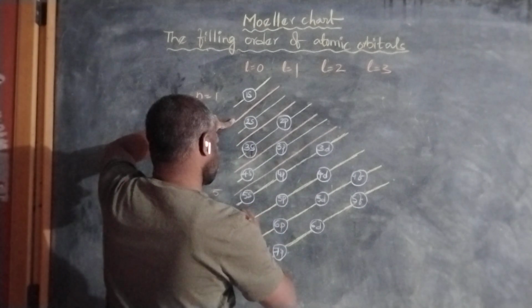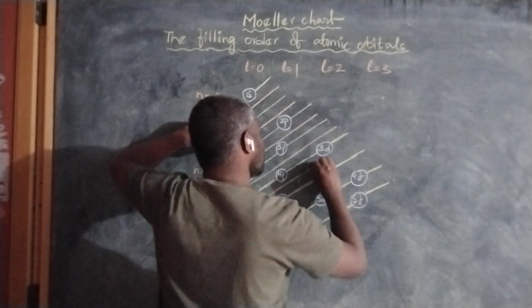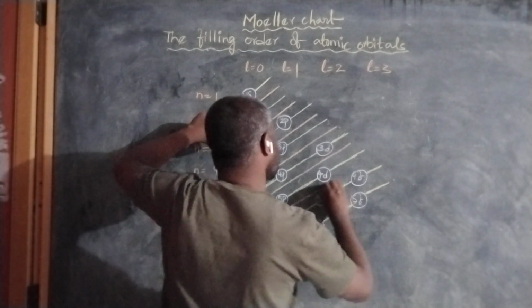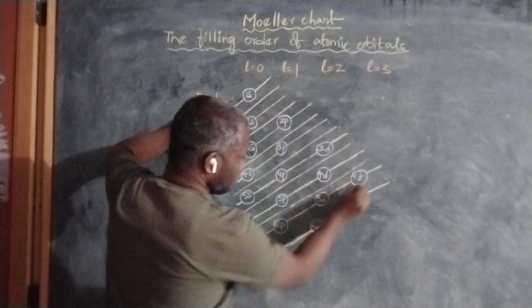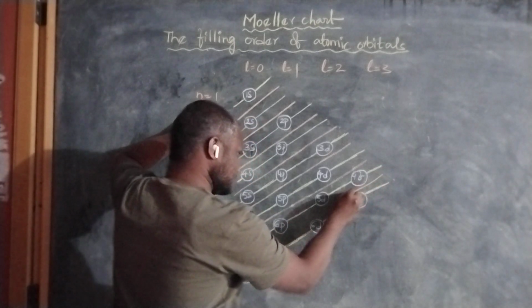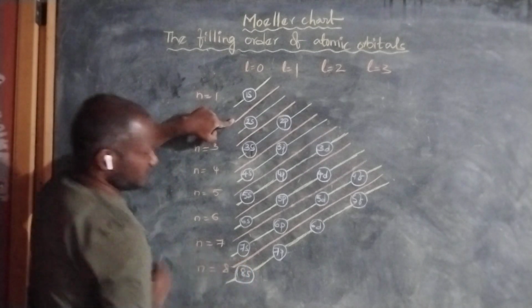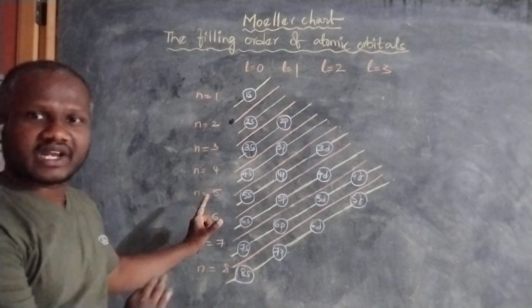Two times parallel lines: the first time the parallel lines should go through the orbitals, and now between those orbitals, in that way. All are parallel lines only.